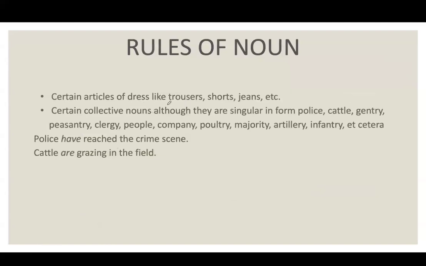Certain articles of dress like trousers, shirts, and jeans, etc., are used with plural. Certain collective nouns, although they are singular in form, like police, cattle, gentry, peasantry, clergy, people, company, poultry, majority, artillery, infantry, etc., are all collective nouns. So collective nouns always take a plural verb.